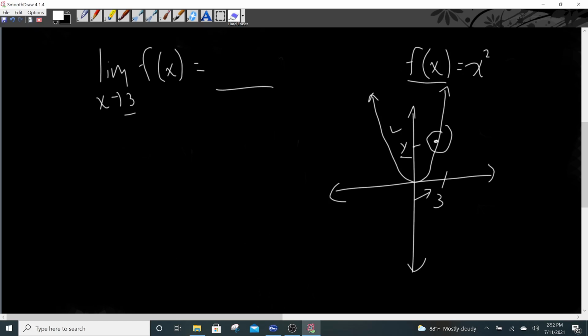What that example taught us, or what I hope it taught you, is you can directly substitute for many, many functions the c value into x to find a good approximation of the y value that f of x is approaching as x approaches some random value. And that just comes back down to y equals f of x, right?